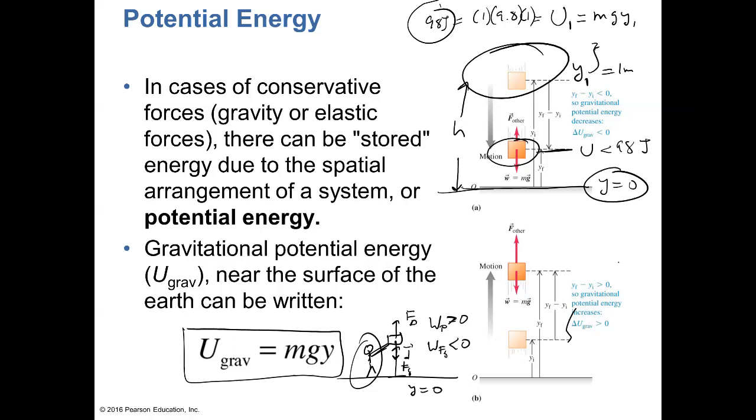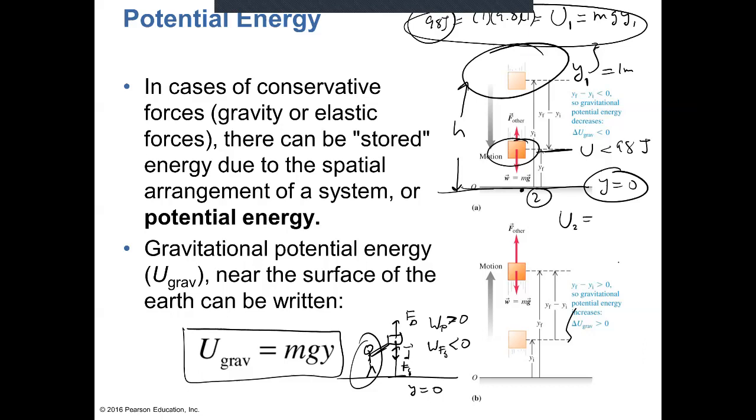All right. You can see here that there are 98 joules of potential energy at point 1. And let's consider point 2 to be the ground. What is the potential energy at the ground? If the ground is my reference point, and I put mgy there, because y is 0 at point 2, I'm going to get 0.